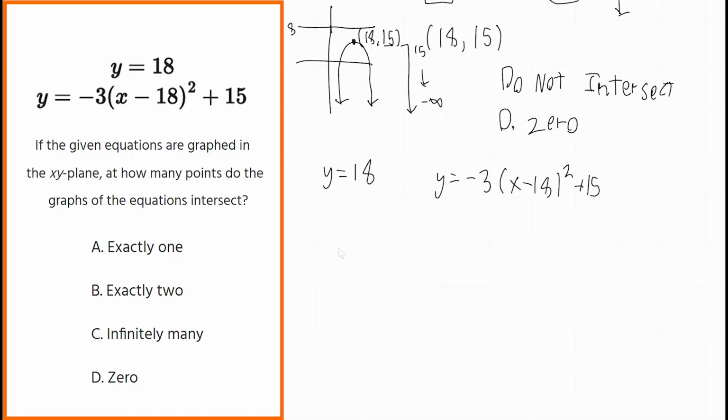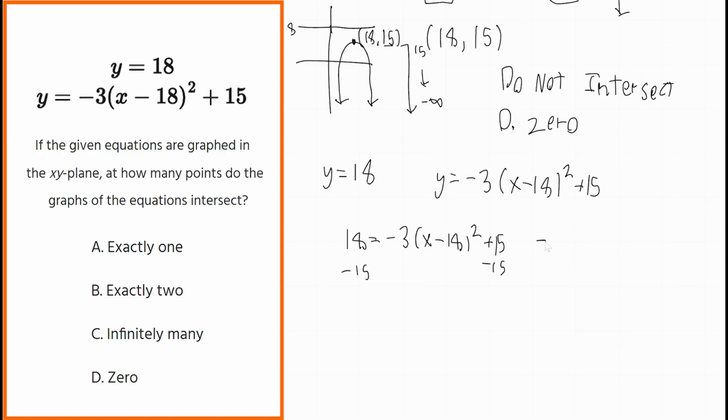And so we can just set them equal to each other and see if there are any values of x which will cause these to equal. So if we have 18 equals negative 3 times (x minus 18) squared plus 15, we can start off by subtracting 15 from both sides.